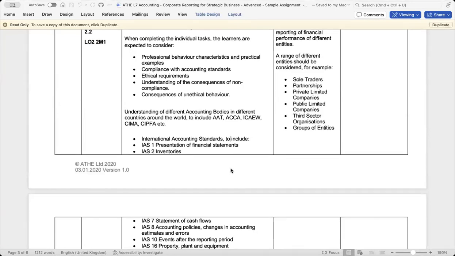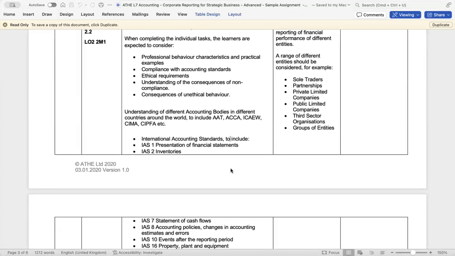Our journey began with understanding the foundational ethical and professional principles that underpin accounting standards and corporate reporting. These principles ensure the integrity and reliability of financial information, which is important for decision making in strategic business endeavors.